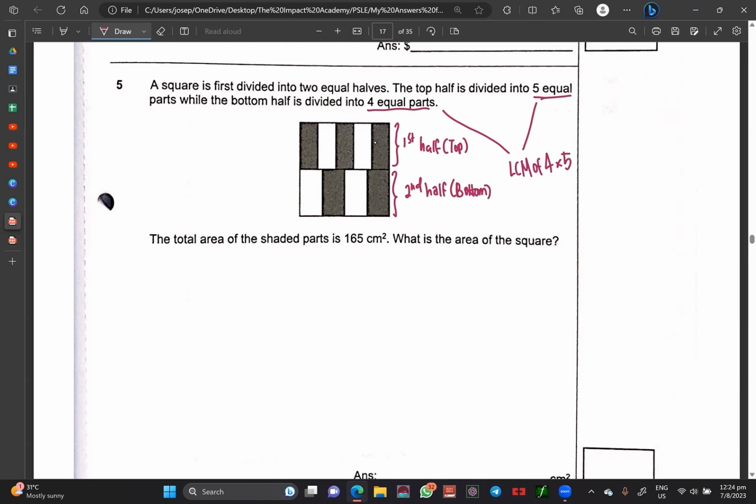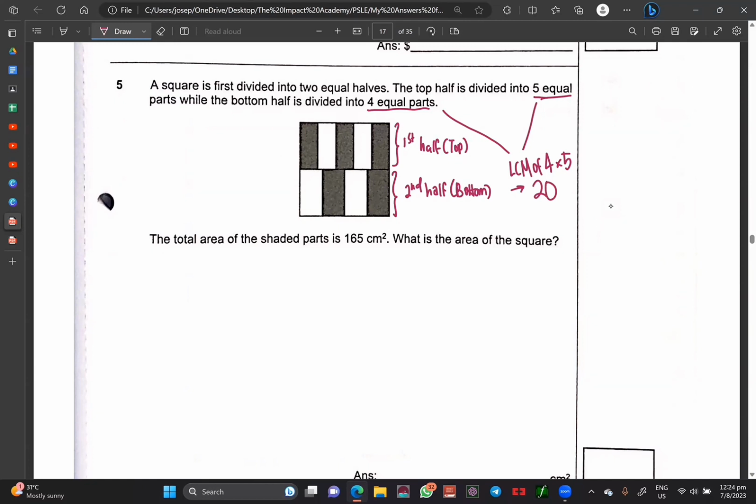We try to make it into a shape that we are familiar with. So you see, the problem with this question is that the top half is 5 parts, the bottom half is 4 parts. So there's actually no way you can group them together, isn't it? So we want to make sure that they are the same. In math, it's all about making things the same. So how do I do that? That is the reason why I have to use the LCM method. So I'm going to find the LCM of 4 and 5. What is the LCM of 4 and 5? It is 20.